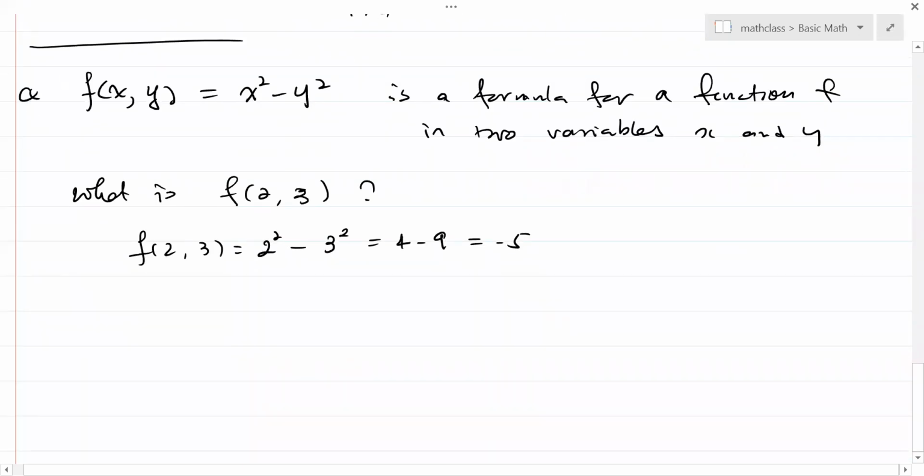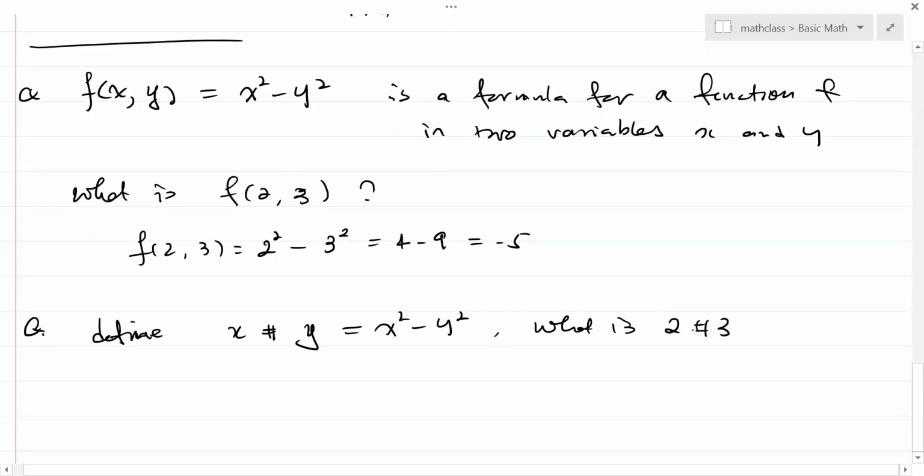Now we can define a function of two variables in a different form. I can even write it like this: define x, this symbol, y, to be x squared minus y squared. Then what is 2, 3 of this?